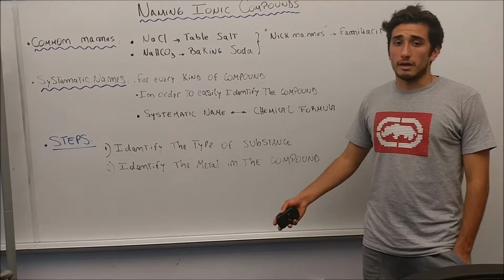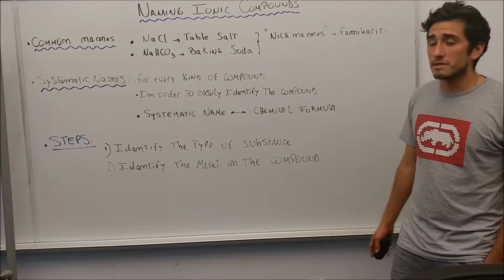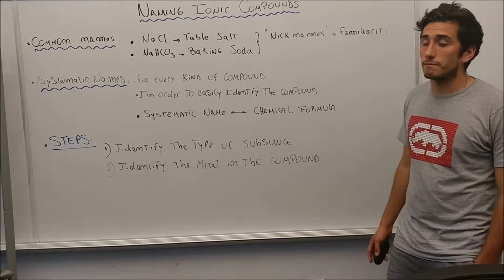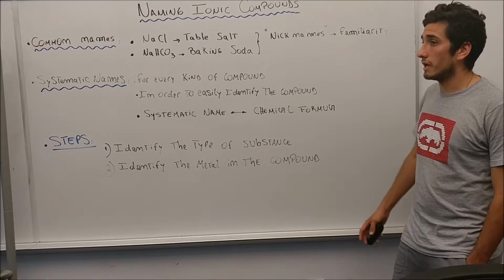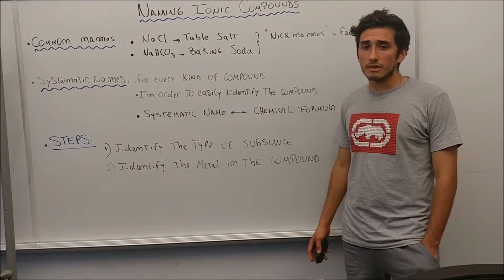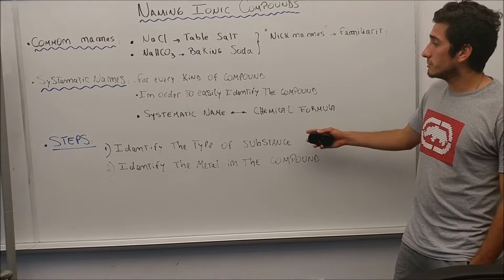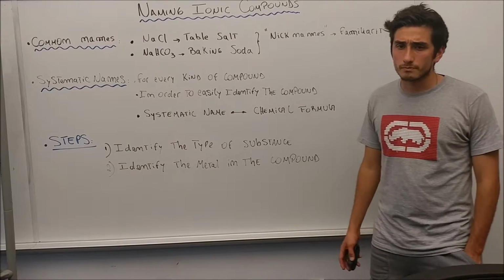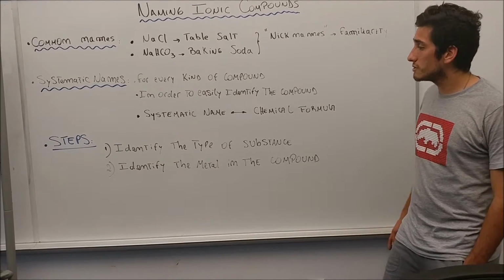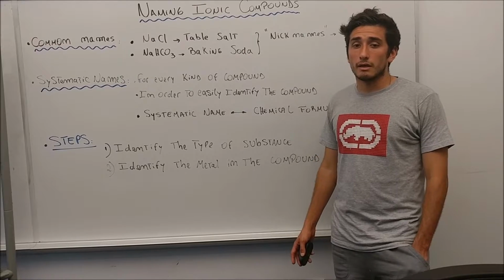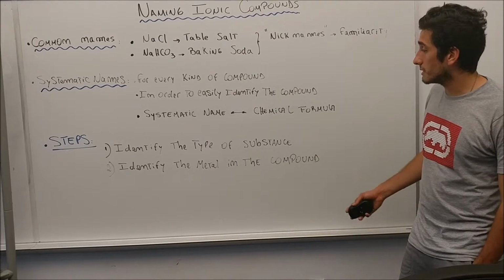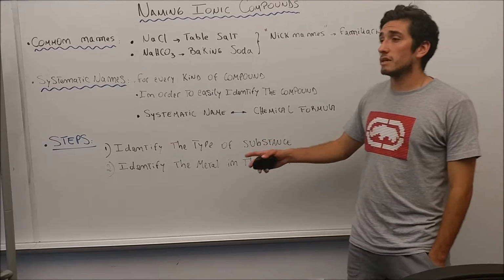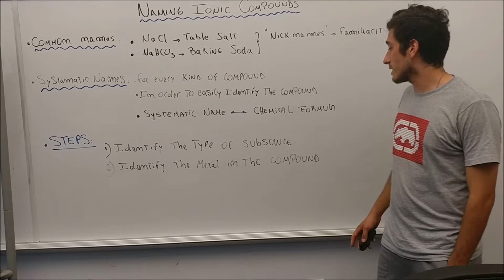As I said, chemists have developed systematic names for every kind of compound in order to easily identify the compound we are talking about. Even if we are not too familiar with a compound, we can determine its systematic name from its chemical formula.